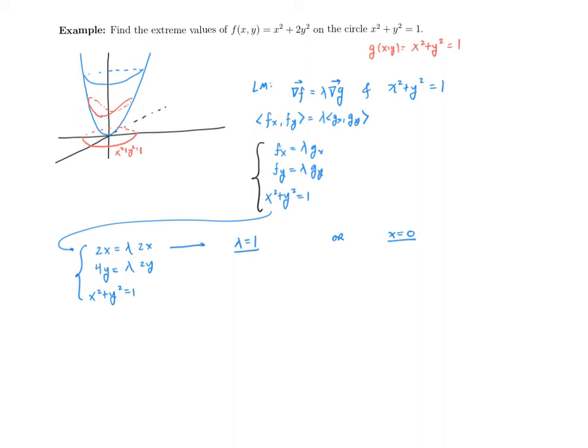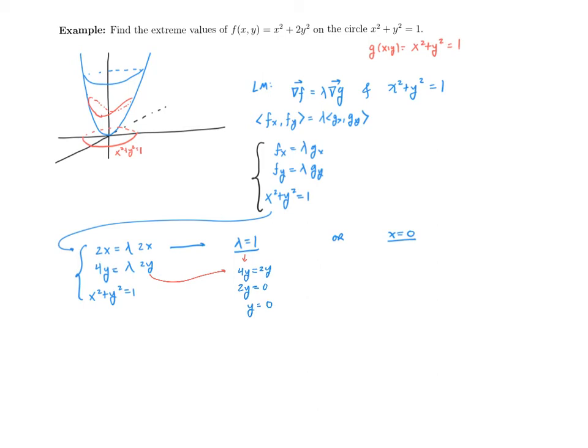For lambda equals 1, we have to go to our second gradient equation to see what we can get. So if lambda is equal to 1, that second gradient equation will give us 4y equals 2y. So 2y equals 0, which means y equals 0. And once you get it down to this point, now you can use the constraint equation.